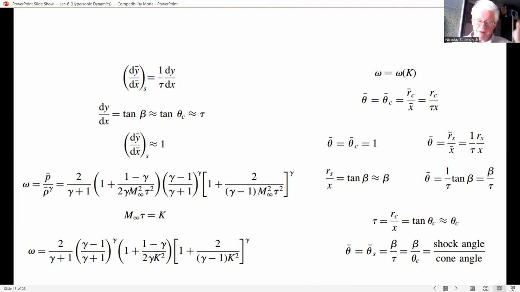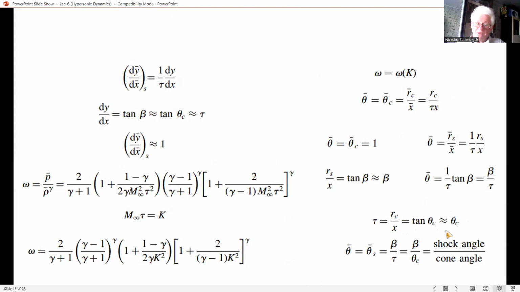And thus, combining the last two equations, we can write this expression for theta average, 1 over tau times tangent beta, or simply beta over tau. So for a slender cone, we noted that tau is r sub c over x, or tangent theta c, or approximately simply theta sub c.